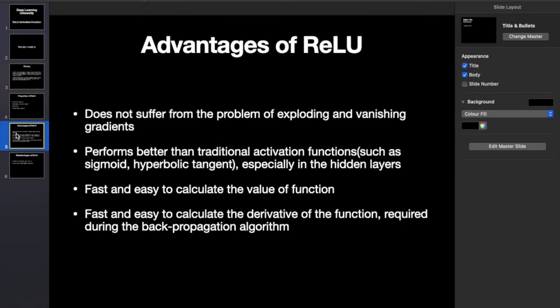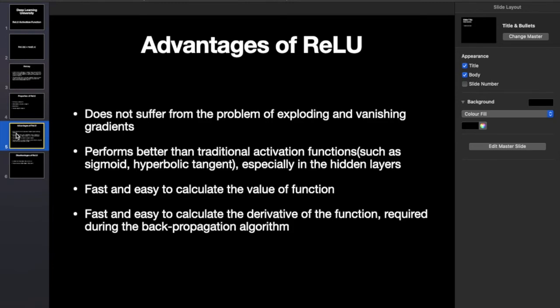Now let's come to the advantages of the ReLU activation function. We've already discussed it: they do not suffer from the exploding and vanishing gradients problem. It performs better than traditional activation functions, which are the sigmoid and the hyperbolic tangent, especially in the hidden layers.